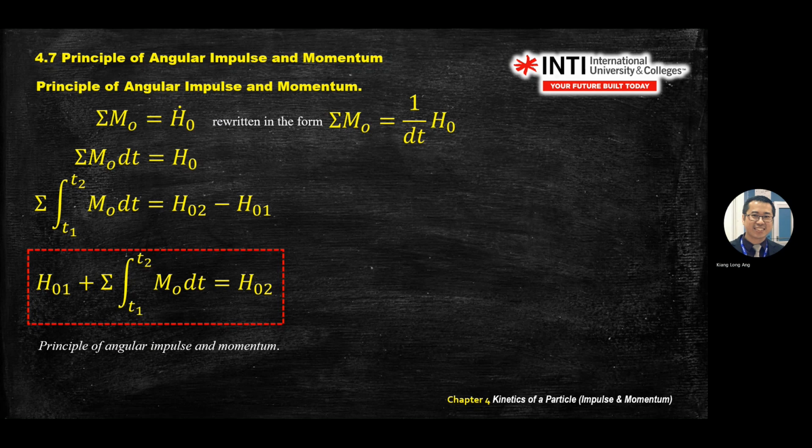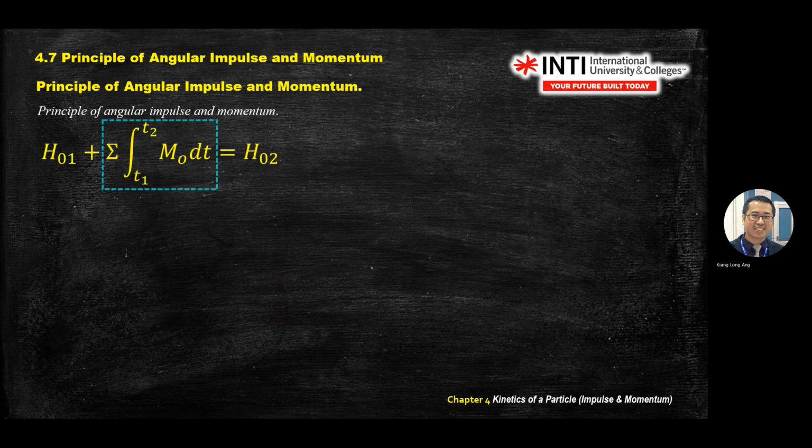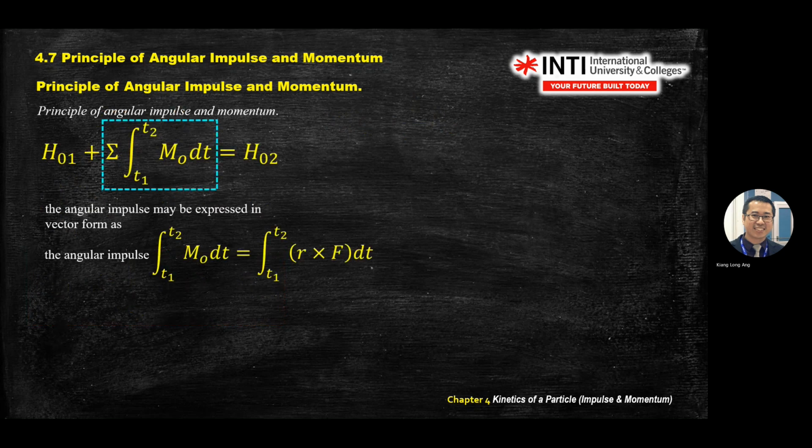Okay. Here you learn something new, the angular momentum, H. It is your r cross your mv, cross product, and right hand rule. You always take r cross mv.